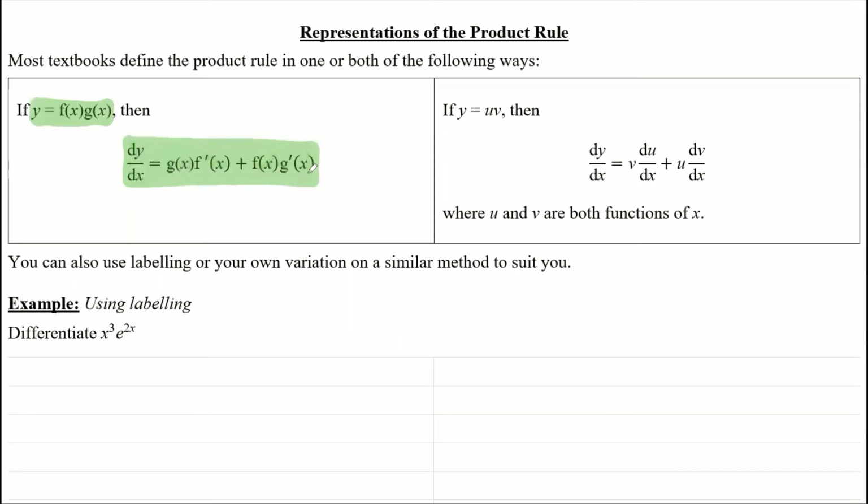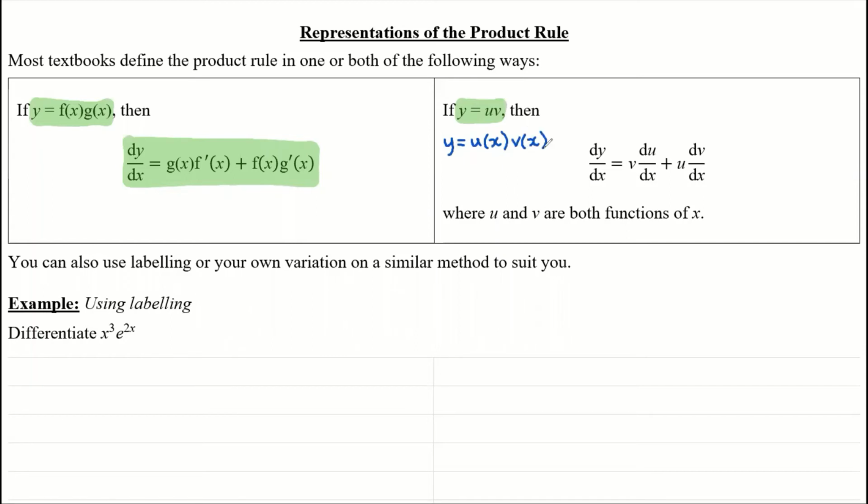Another way you'll probably see it as well, which is really common, we call the two functions u and v like this. So y is equal to uv. Therefore, u is a function of x, v is a function of x. So you could also see it like this, where you would see y is equal to u of x, v of x, to be more precise.